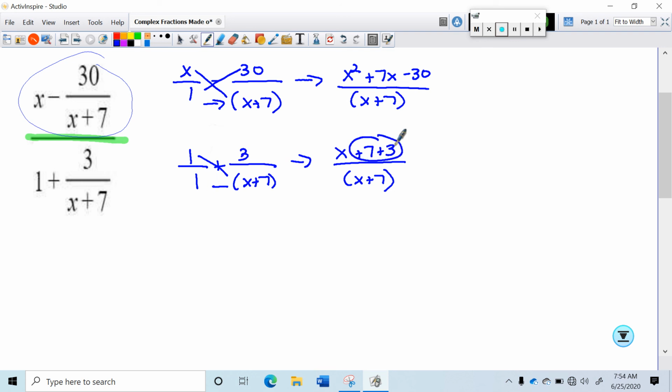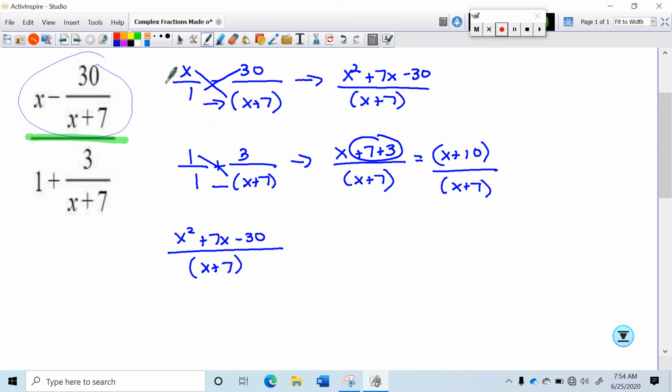So that is equal to x plus 10 over x plus 7. So my numerator is x squared plus 7x minus 30 over x plus 7. My denominator is x plus 10 over x plus 7.